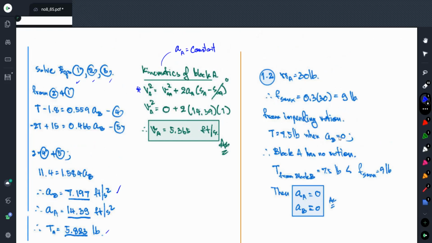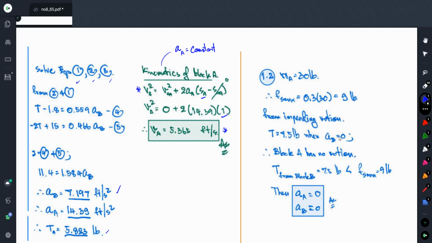From this formula, we substitute SA, which moves 1 foot from the problem given, and we find the velocity of block A is 5.365 feet per second. Okay, this completes question number 1.